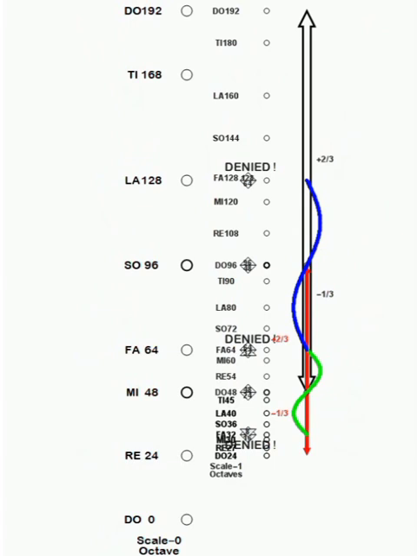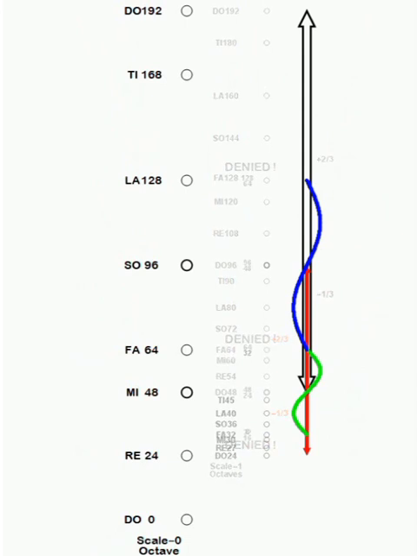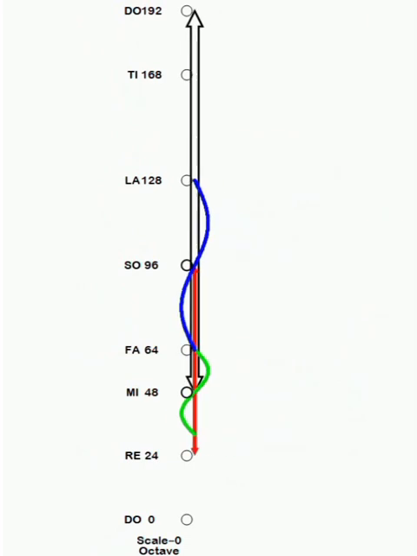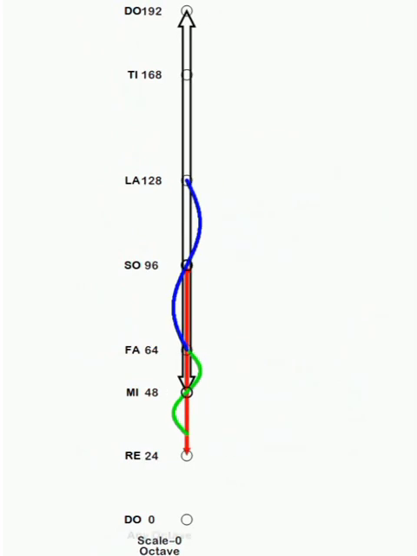Because every scale 0 octave experiences these oscillations centered at its Mi and its So, we can show this duality of the major and minor oscillations and the ranges of the oscillating Dos directly on the notes of the original scale 0 octave, without explicitly showing the scale 1 inner octaves.